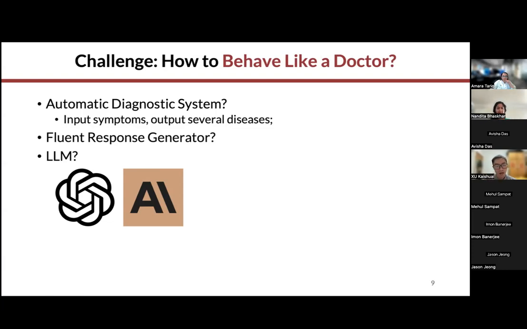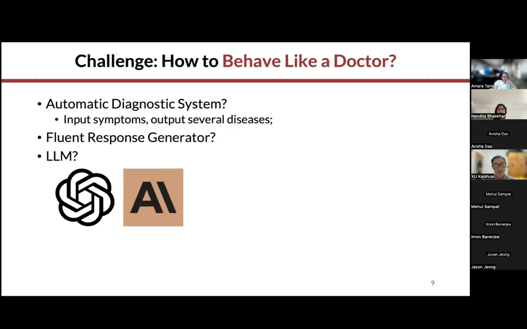And the second try is to construct a fluent response generator. In the natural language processing area, it is called another name, knowledge-grounded response generator. Researchers use external knowledge or predict external entities or concepts to enhance the response.